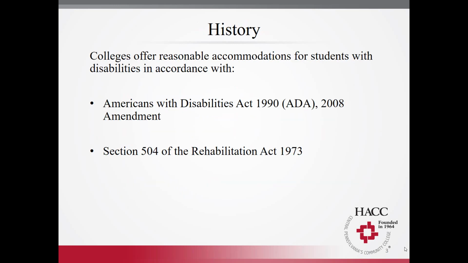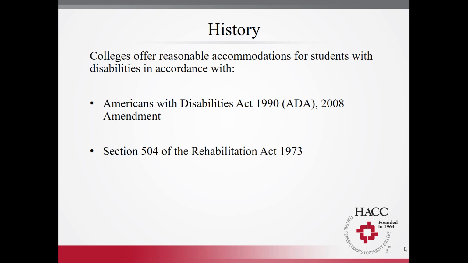There are two major laws affecting access to services in higher education: Section 504 of the Rehabilitation Act of 1973 and the Americans with Disabilities Act of 1990. These two laws have helped to determine a pathway for individuals to gain equal access within education.